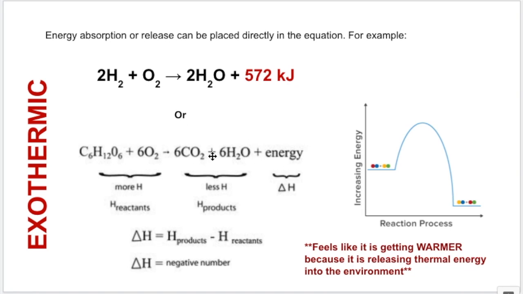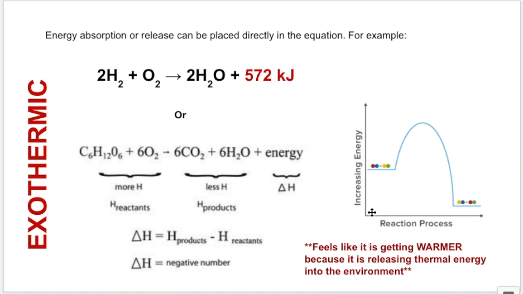The products, the actual substance, are going to have less energy because some of the energy is being released as heat. All of this equals all of this, but specifically the products are going to have less, because some of the energy is apart from the products. So our product number is less than the reactants, so we're going to have a negative number when it comes to the change in energy.